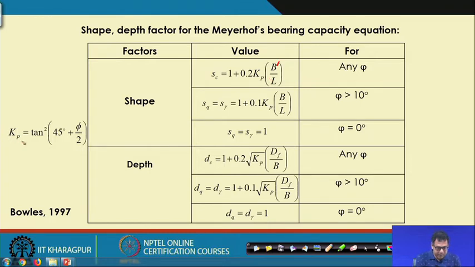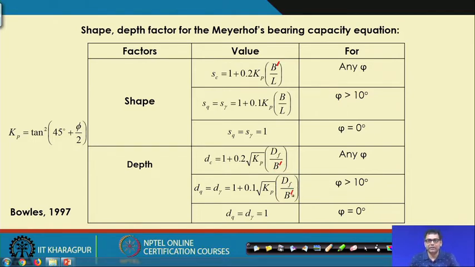Similarly, the Kp value we will get from this expression, tan square of 45 plus phi by 2. Similarly for phi greater than 10, there are the SQ and S gamma factors, and similarly the depth factors DC, DQ and D gamma are used. So, this is for phi greater than 10 degrees, we are using these two expressions, and here also this will be B dash.